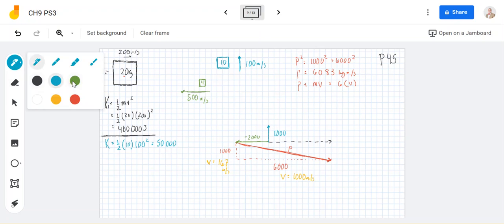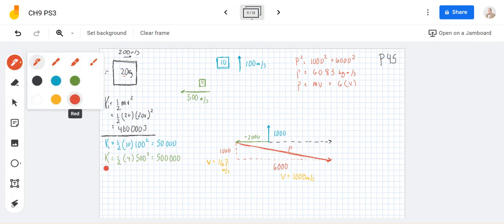The mass of the green one, the mass is 4, speed is 500. It's 500,000.